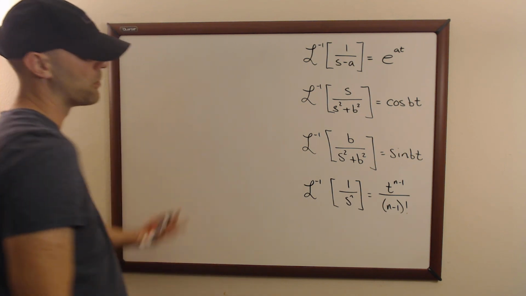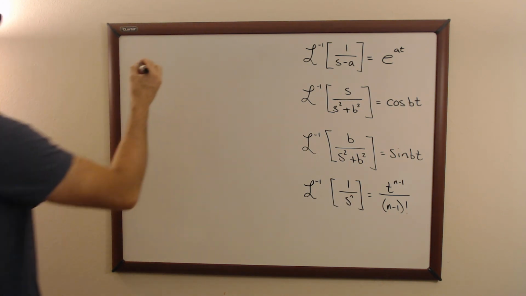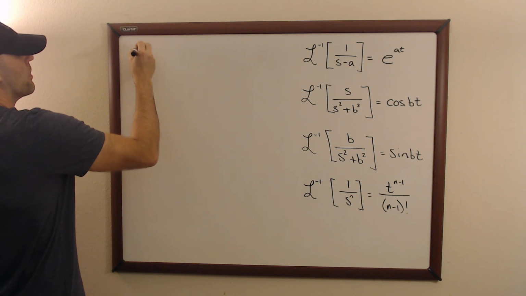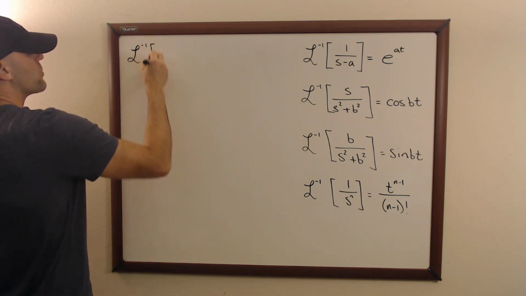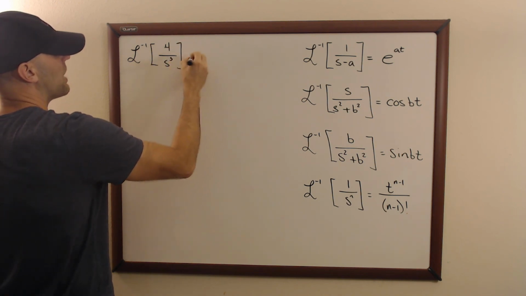I'll do a couple maybe real easy examples here before I get into some of the more fun versions. So maybe something like what's the inverse Laplace transform of 4 over s cubed? I'm pulling a problem out of your book, right? Well, we just apply the formula, right?